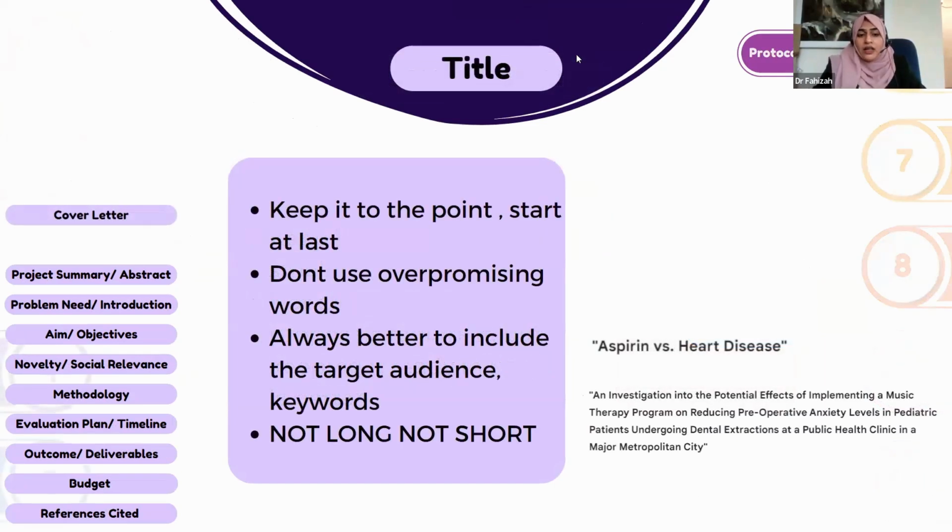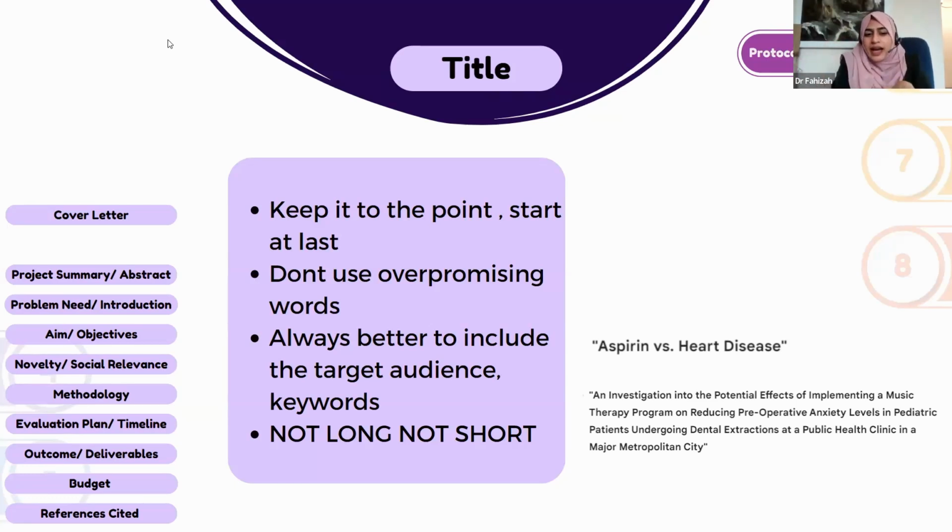Coming to the title, I would stress on this a little bit. First of all, put it at the end. Always frame the proposal first and then keep the title for the end, because of how your research works. The main things are: what you are doing, what kind of study you are doing, and whom you are targeting, your target audience.